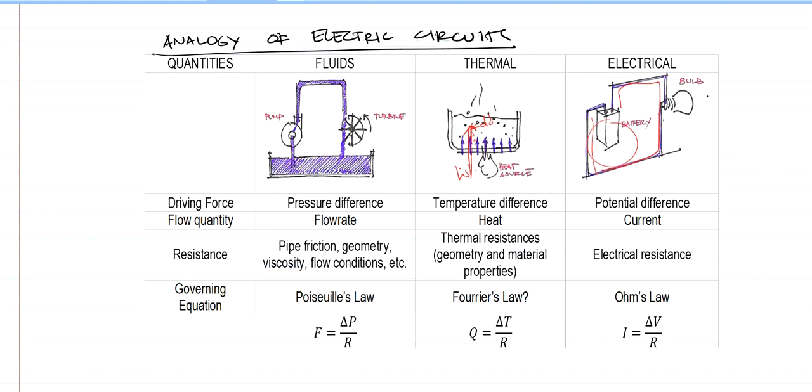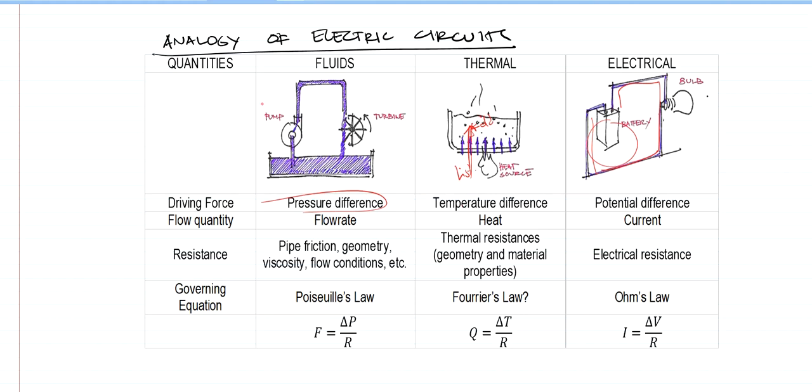Now in fluid systems, the driving force is the pressure difference. Let's say we have piping systems, so we have this pump right here, and the flow of water is actually from higher pressure to lower pressure. So just like here, higher temperature to lower temperature.